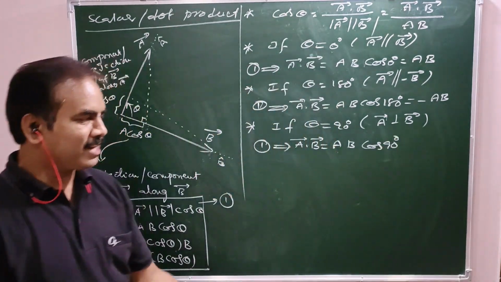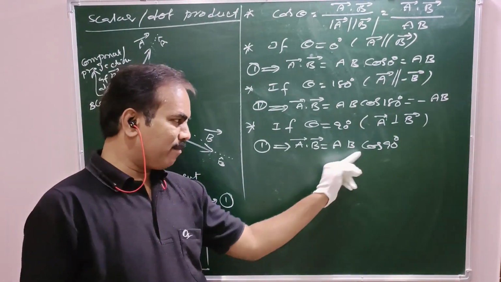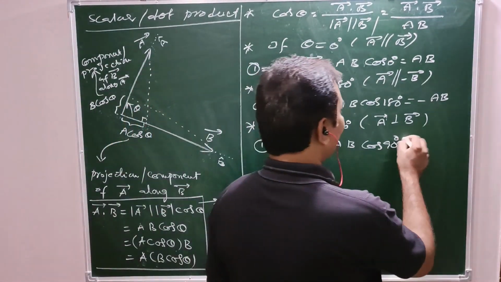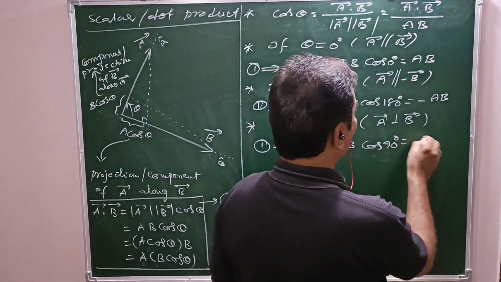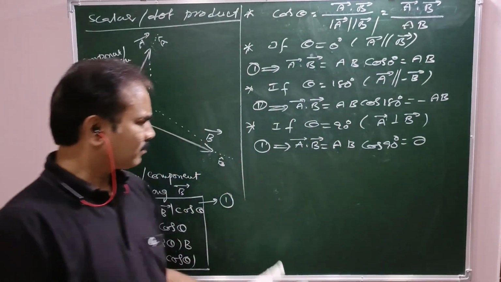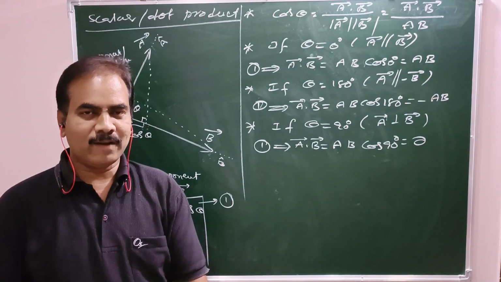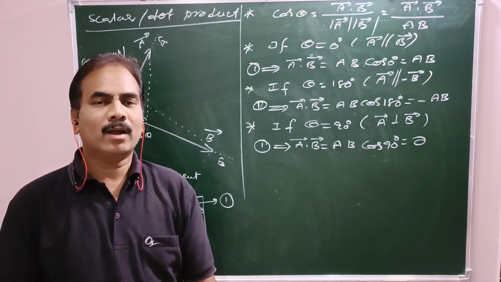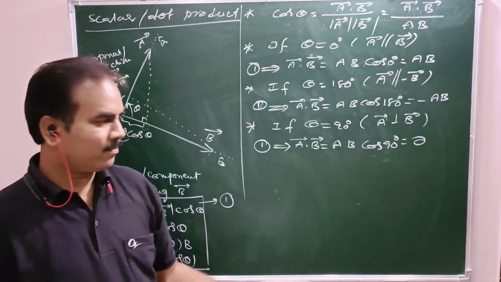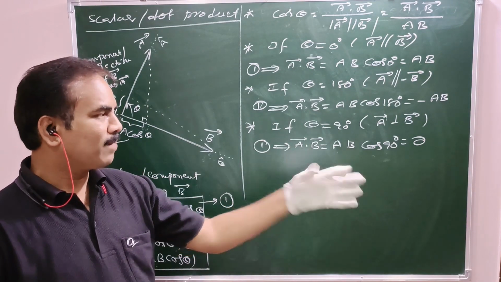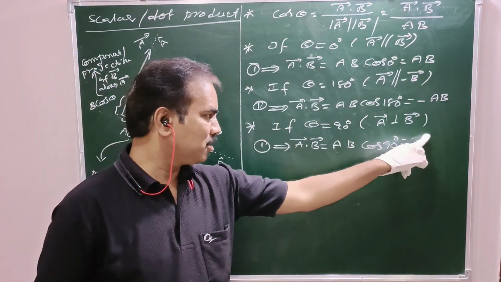What is the value of cos 90? That is 0. AB into 0 is 0. Means the dot product for perpendicular vectors vanishes. A bar dot B bar vanishes, means 0.